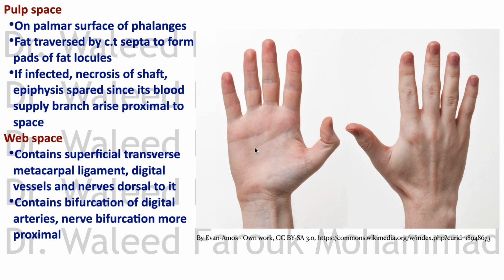The nerve bifurcates more proximally, but the blood vessel bifurcates just proximal to the web space. That's why be careful if you're draining something here, an abscess or something, not to cut the blood vessels going to the sides of the fingers when you incise.